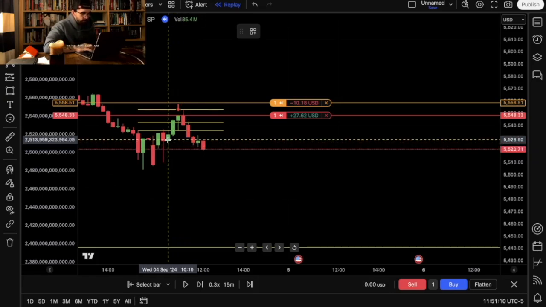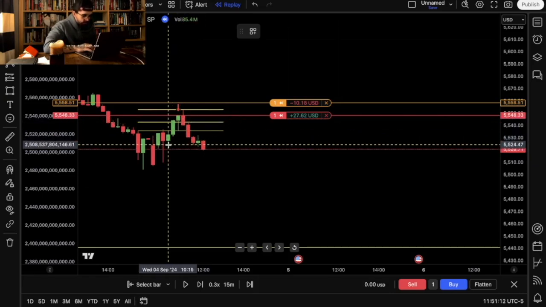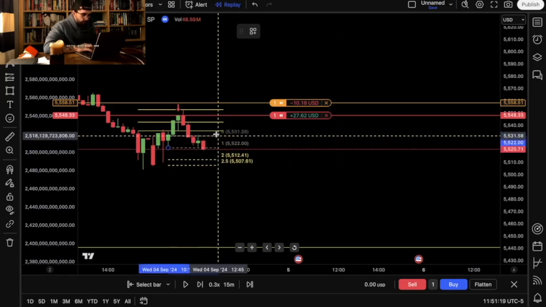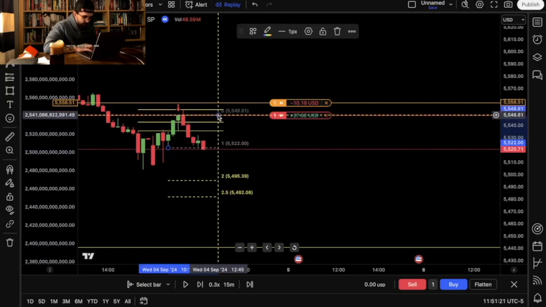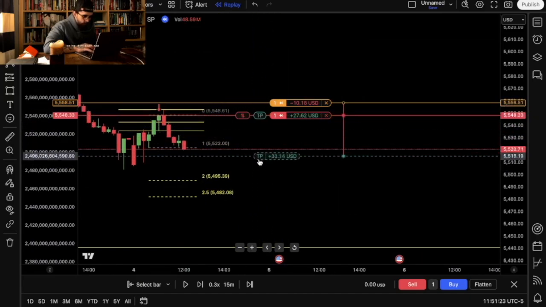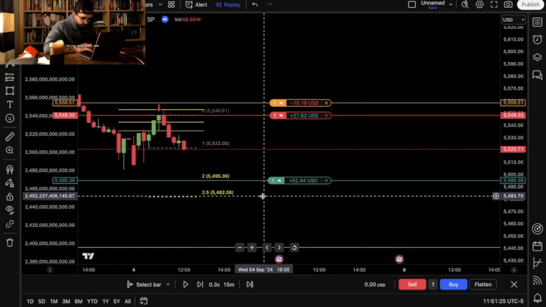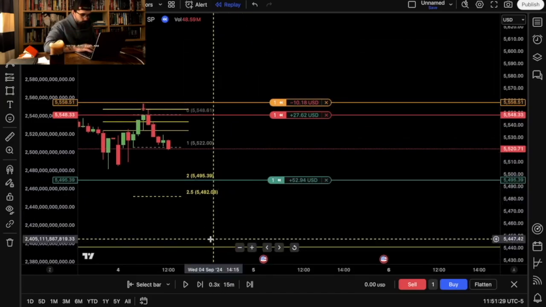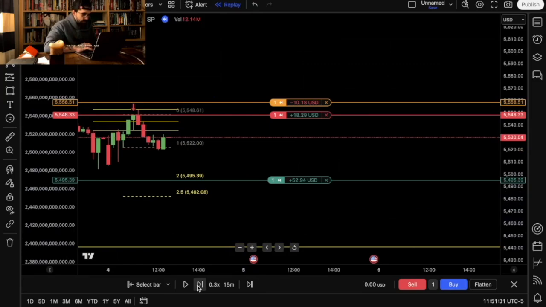Okay, so we can go 1, 2, 3. These 3 green candles right here can be our price leg. Swing low to swing high. And now we have a high probability price target area. Let's see how this plays out.